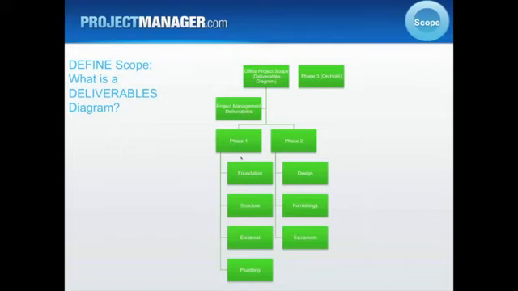When you're defining the scope of the project, you see a hierarchical design here, and what you see in green is what we call a deliverables diagram. We're setting a vision, a visual of what the project scope is about. This is just a simple scope deliverables diagram.